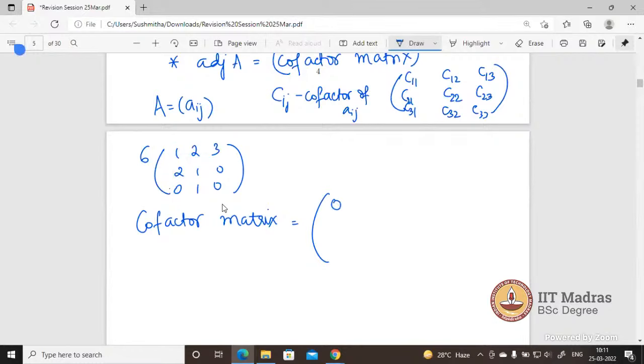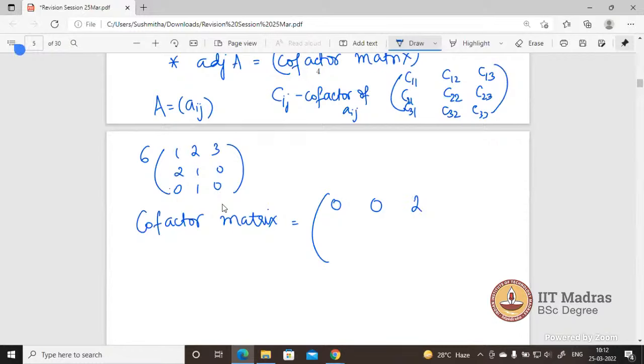What about this entry? How will I find this one out? That is also 0, because the determinant of this matrix is 0. I have to also multiply it by a minus sign, but it doesn't matter if I multiply 0 by a minus sign. What about this entry? 2. Yes, it's the determinant of this matrix, 2.